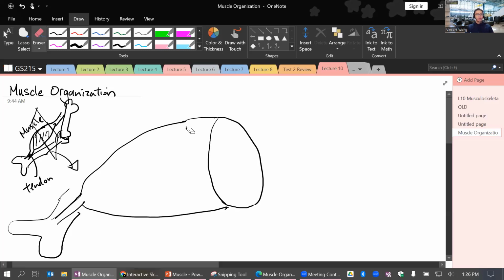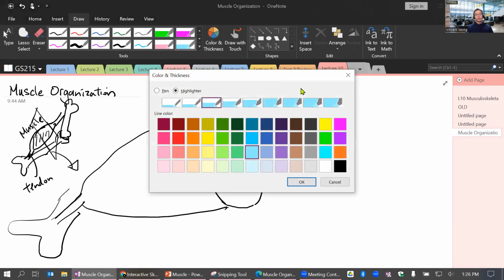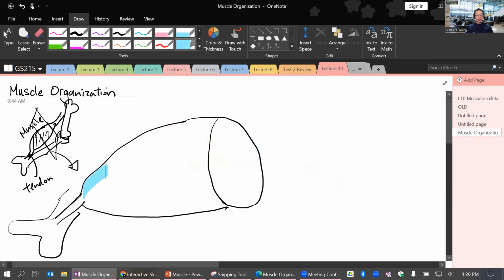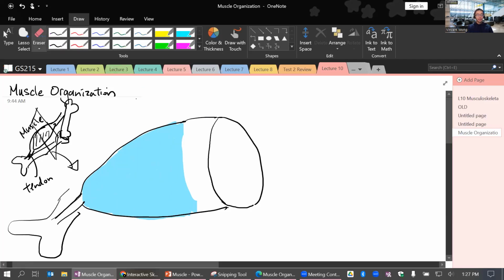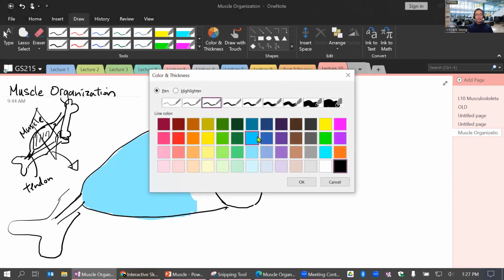All right. So first of all, the entire muscle is actually covered by a thin layer of connective tissue. Okay, I'm not going to go all the way to the end. I'll tell you why later. So there is going to be your thin layer of connective tissue that covers the entire muscle. Okay, so that would be called the epimysium.